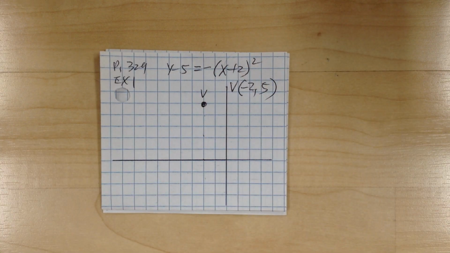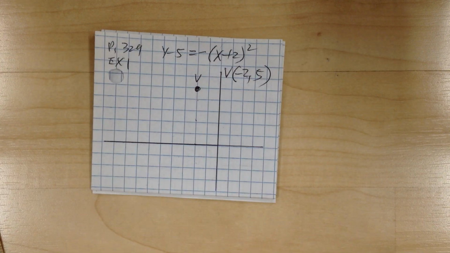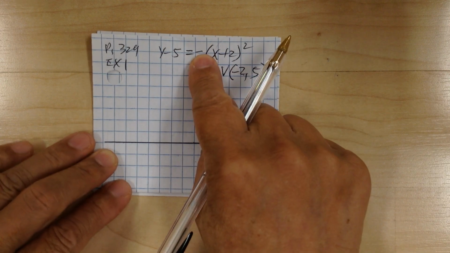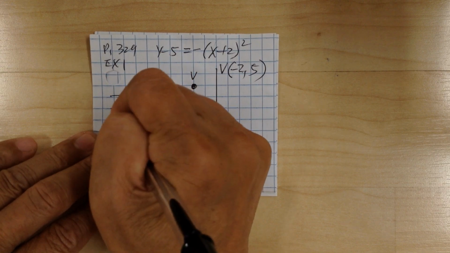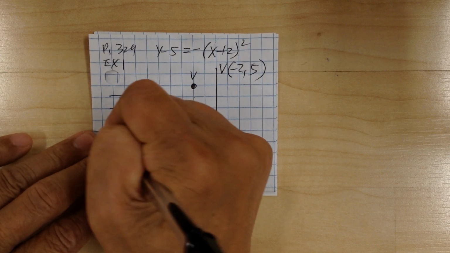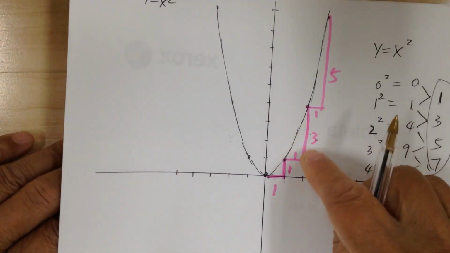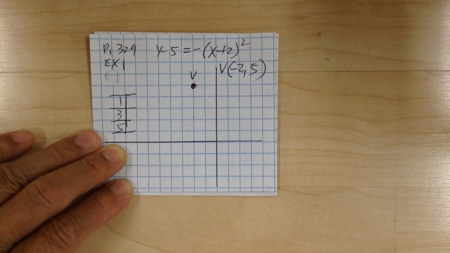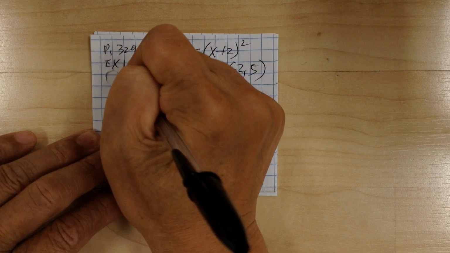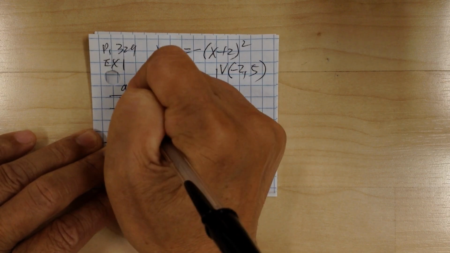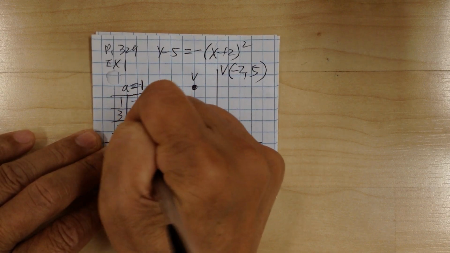Now we're going to use our trick, 1, 3, 5. But notice that a is negative 1. So when you make the table, you're going to get 1, 3, 5, right? That's the trick over here. Then you have to multiply by a. So a equal to negative 1, so the numbers you need would be negative 1, negative 3, negative 5.